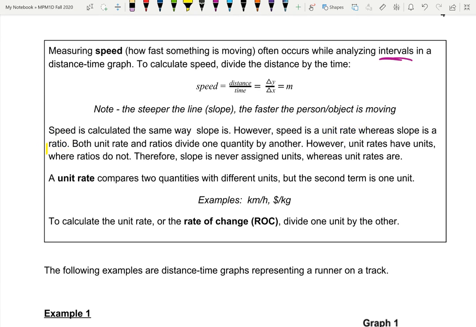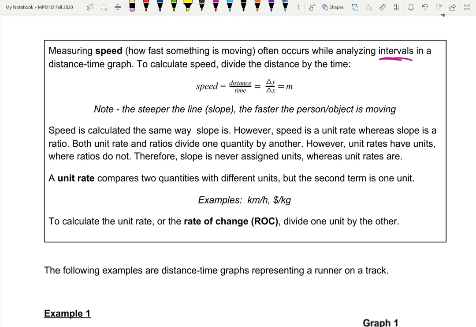Okay, so another way of finding speed, finding slope, is called finding the rate of change. Rate of change basically means you're finding the unit rate but adding units.